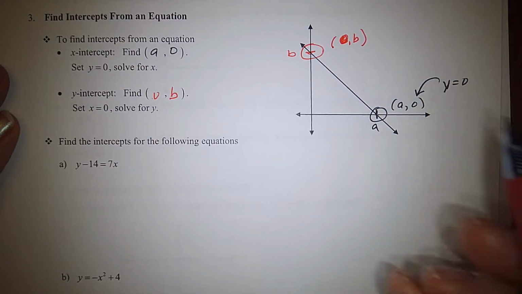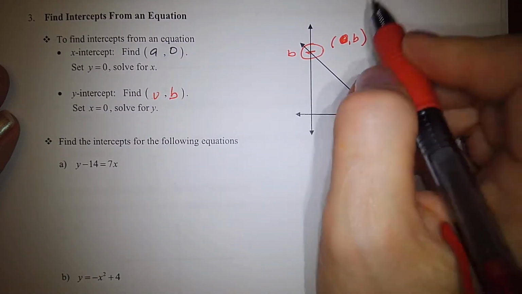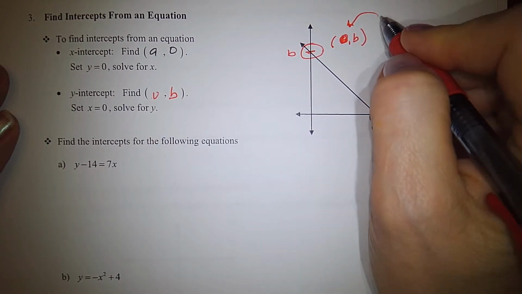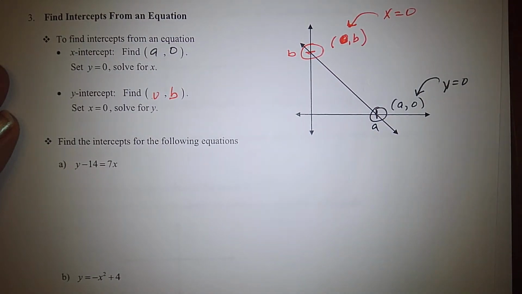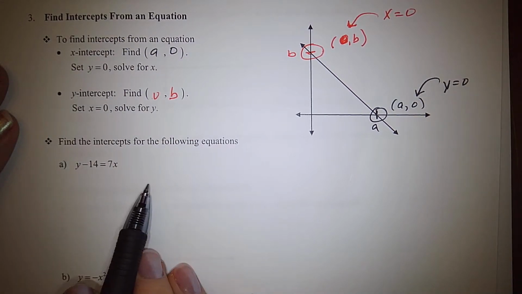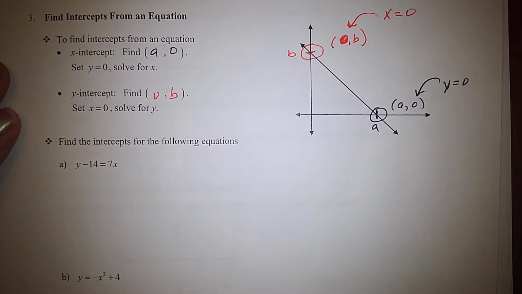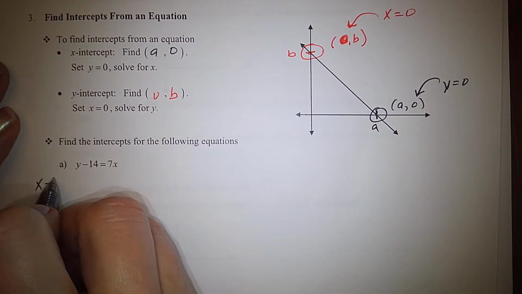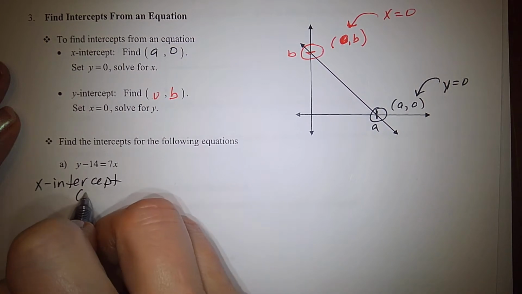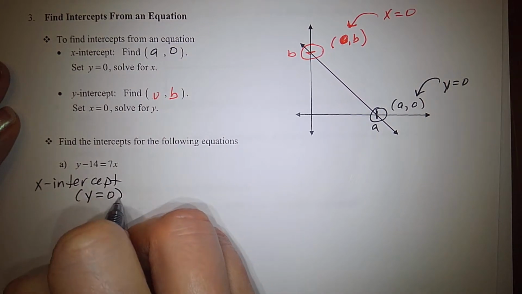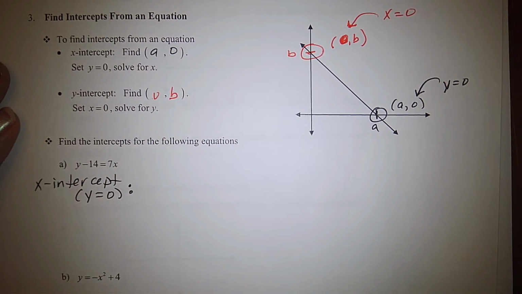Notice that we always set the X coordinate equal to 0. So to find the intercepts of a general equation, you're going to find the X-intercept by substituting Y equals 0 into the original equation.